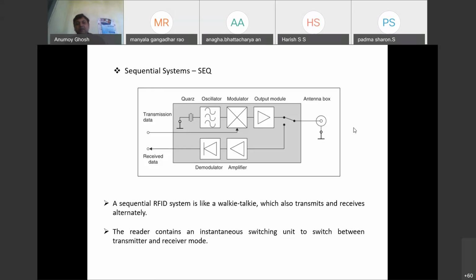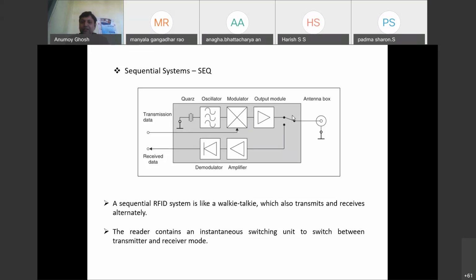Okay, so the sequential system, as I've told you, is such that only during the downlink part the energy will be sent from the reader, but for the uplink part energy will not be sent from the reader. So basically the block diagram is the same. There will be an oscillator, a modulator, an amplifier and up converter over here. And in the receiver section, there will be a band pass filter, an amplifier and then a demodulator.